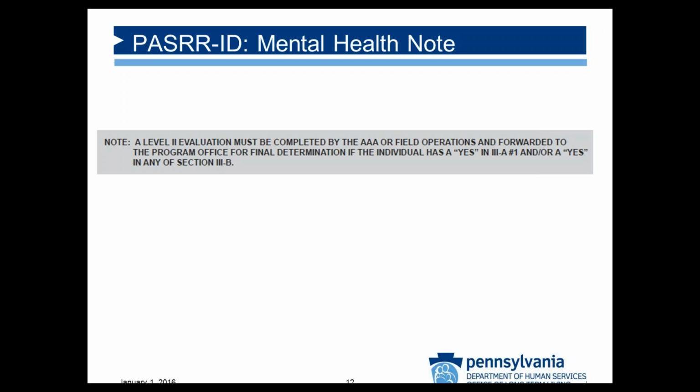The second way is by having a yes somewhere in 3B, and the third way is by having both, something marked in 3B and something in 2A. Sorry, section 3, 3A number 1.